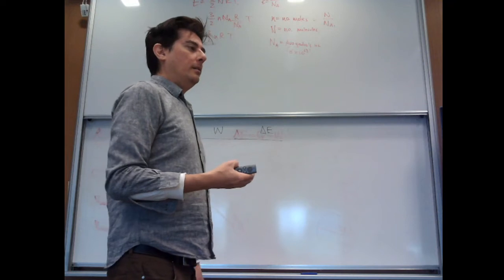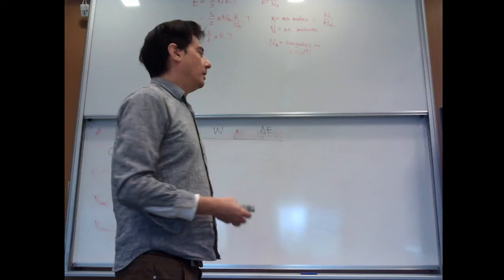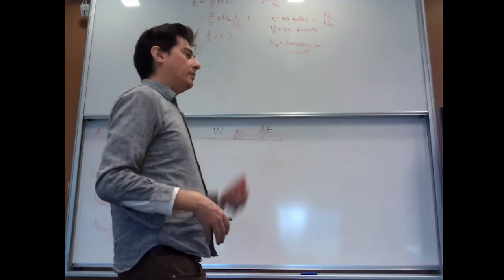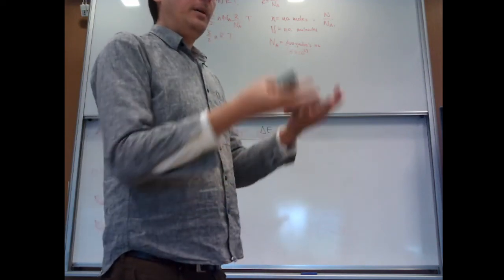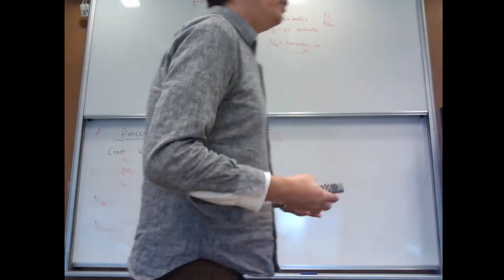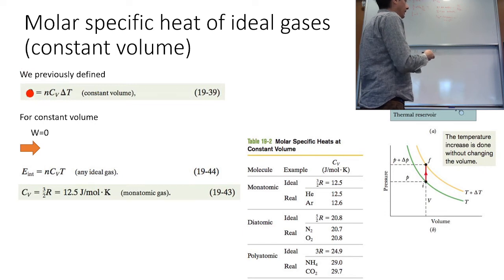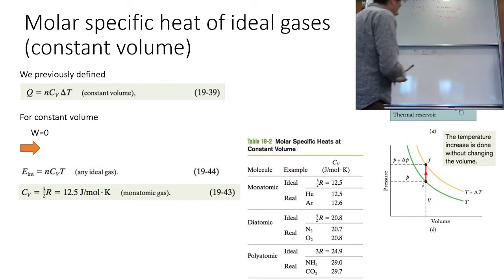The heat capacity is like the conversion between the temperature change and an actual energy. If something goes up by 1 degree, how many joules of energy do you need to put in to make that change? So we can write a formula like this: Q is N CV times delta T.